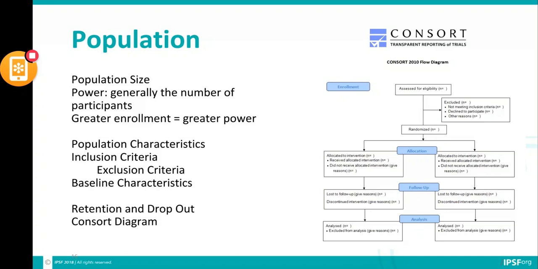And those are often included in trials in a table format, and they also have their own analysis done on some of these baseline characteristics so that we can see if the groups were similar enough. So a good article will have that analysis done and available for you to look at.